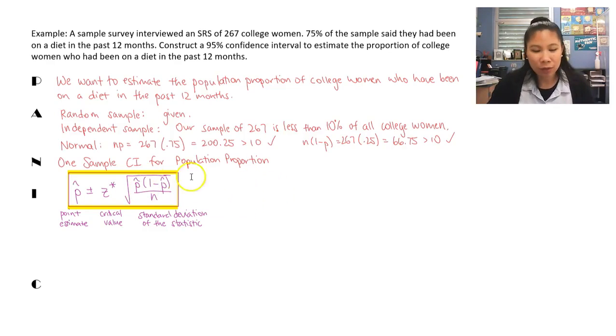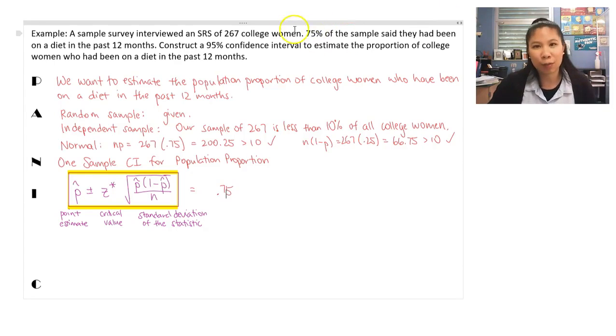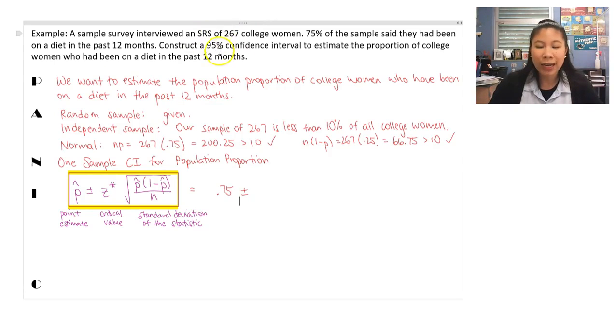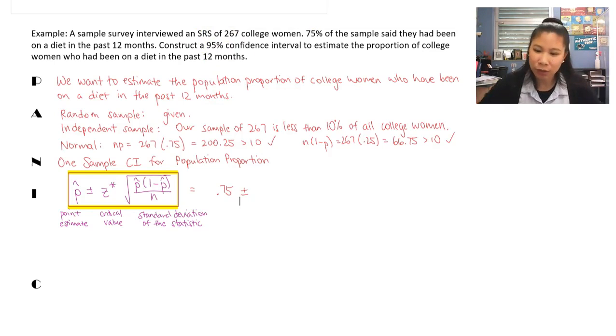Okay, once we have the formula, we just need to plug everything in. In this problem, p hat is 0.75, because they told us that in the sample 75% of the women said they had been on a diet. Plus or minus Z star, which is our critical value. They're asking for a 95% confidence interval. I'll do this on the side.